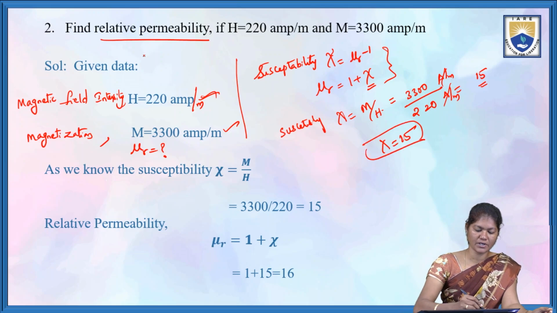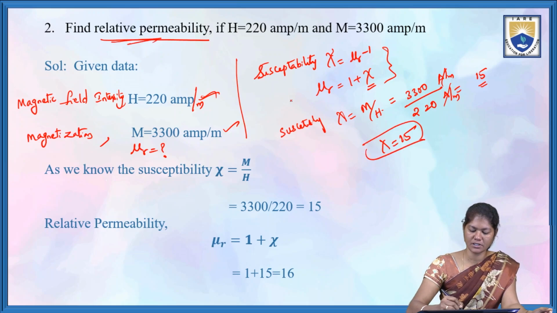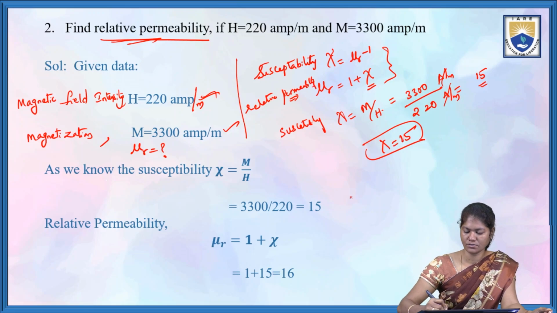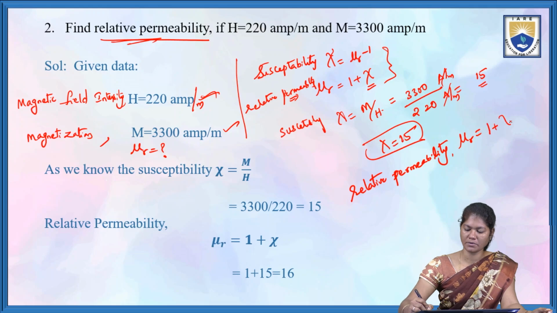From this, we have to calculate the relative permeability. The relative permeability mu r is equal to 1 plus chi.